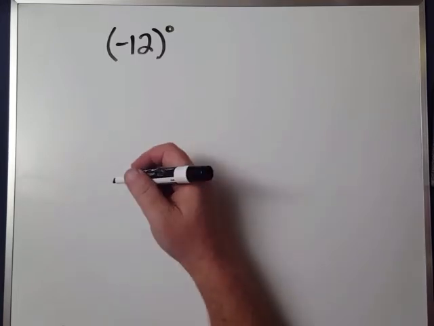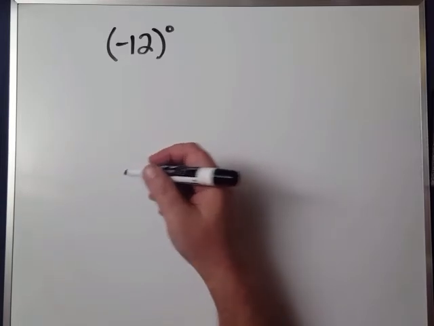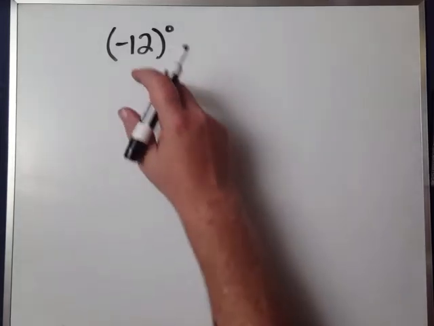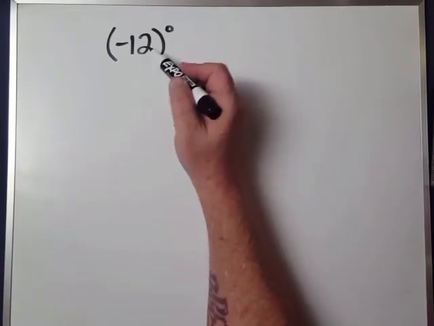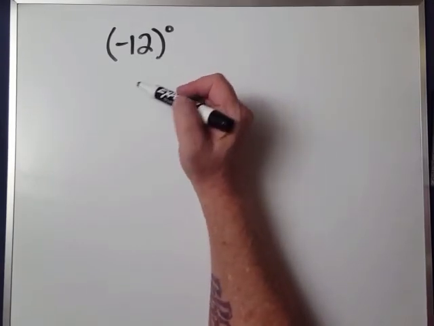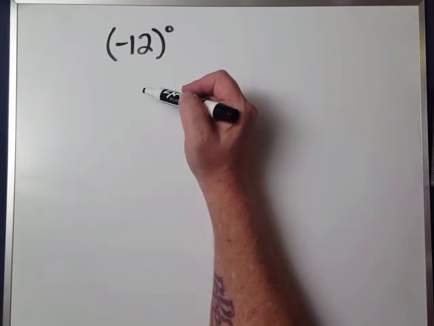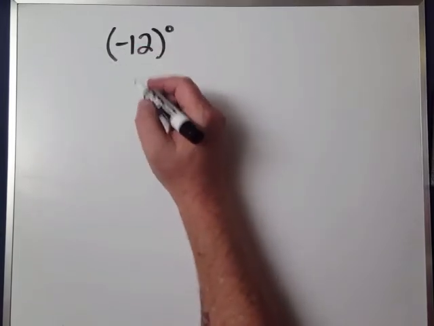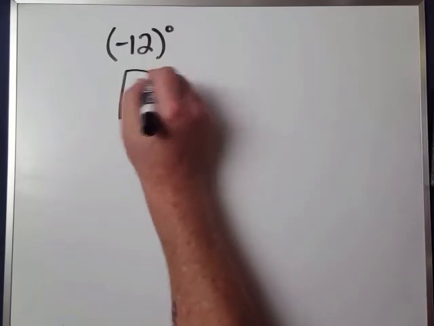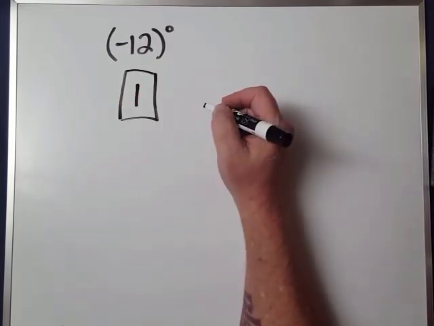So this is pretty much multiple choice. My answer will be 0, it will be 1, or it will be -1. What's going on? I have something raised to the 0 power. What is the base of that power? The whole -12. I've got this whole thing raised to the 0, and something to the 0 is 1.